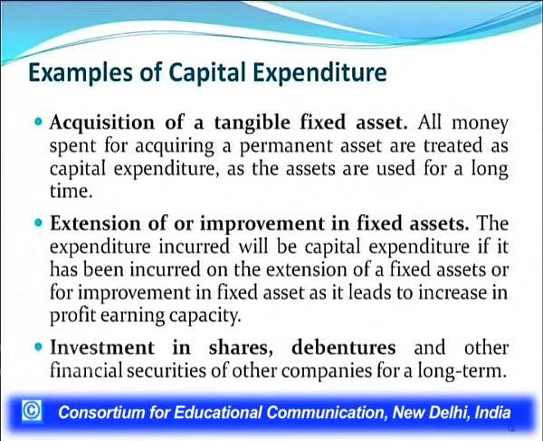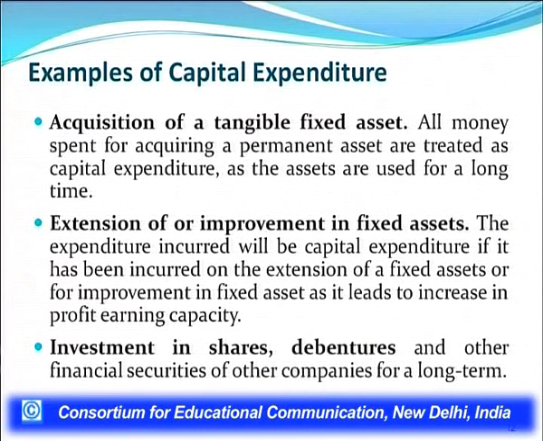First is acquisition of tangible fixed assets. All money spent on acquiring a permanent tangible fixed asset is treated as capital expenditure, as these assets are used for a long time. Now, this point is to be explained further. Acquiring a fixed asset means you purchased a plant.